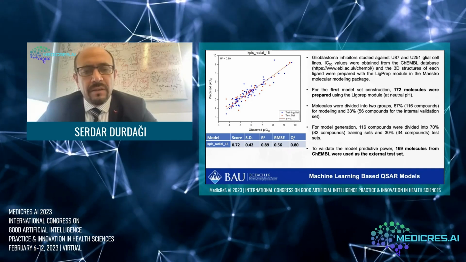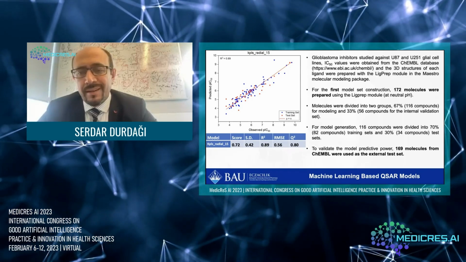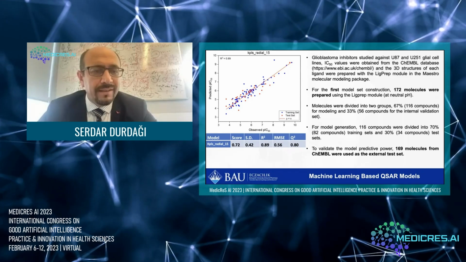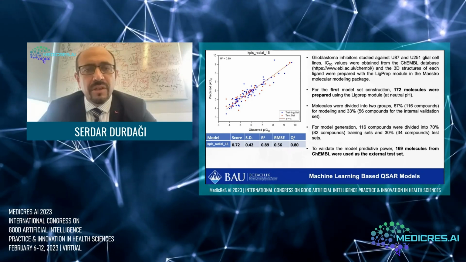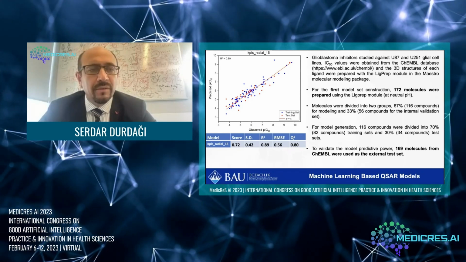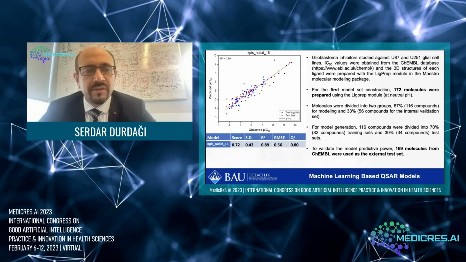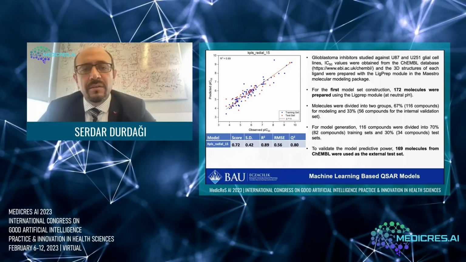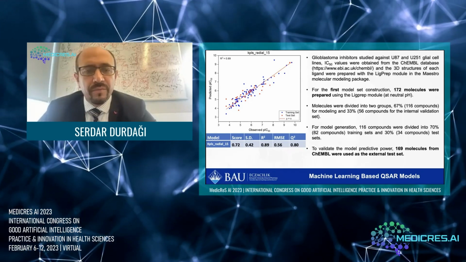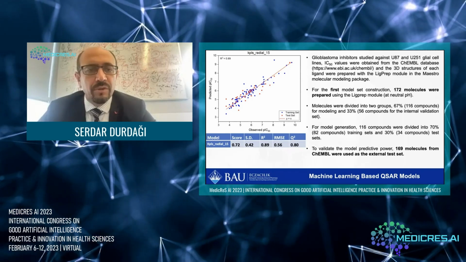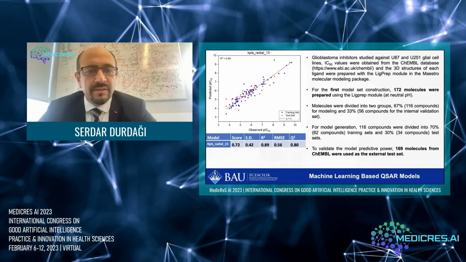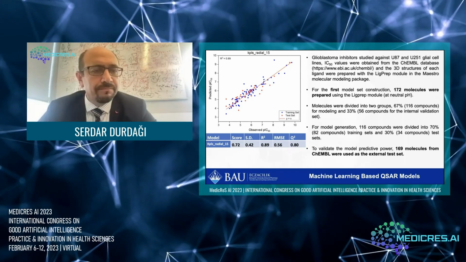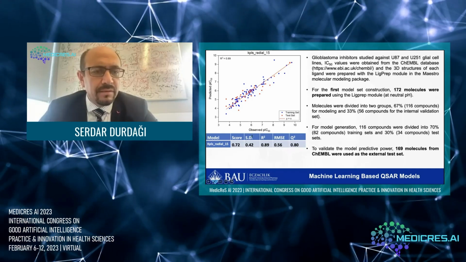These molecules were not used at any point in the construction of the model, so they are truly unknown molecules. We are just trying to see how strong the predictive power of our model is. Here you can see the statistical results.